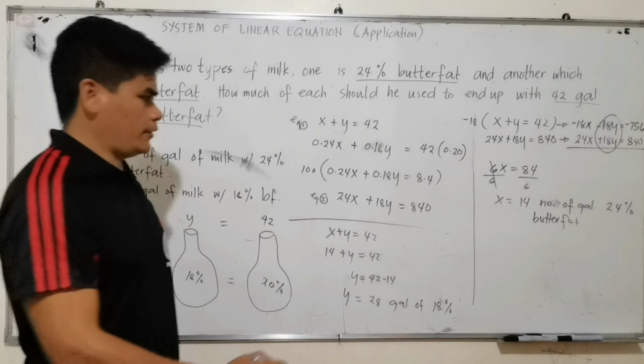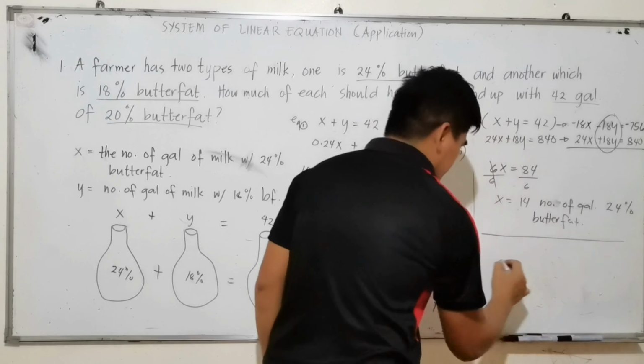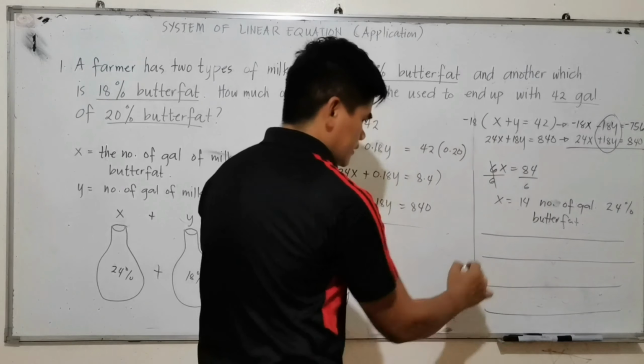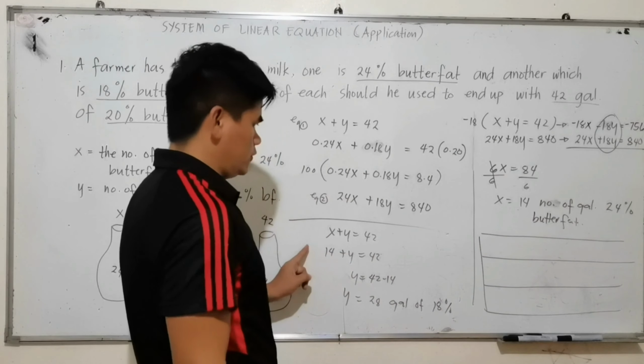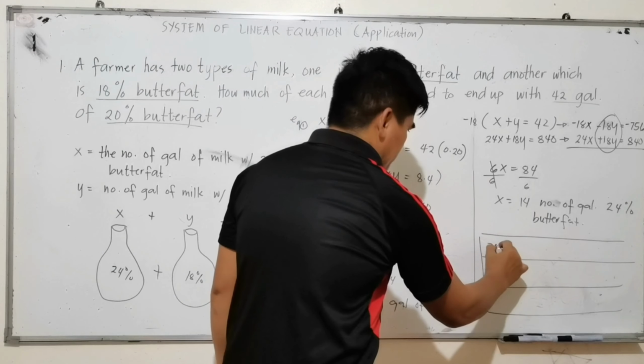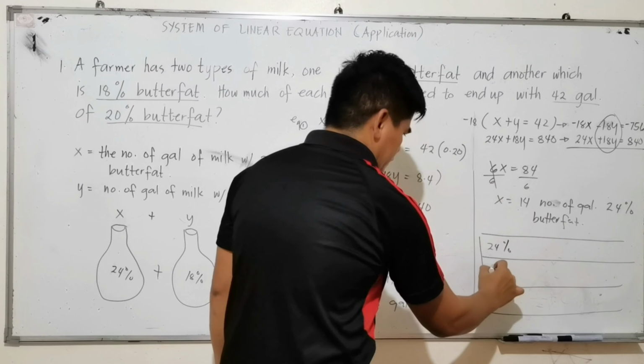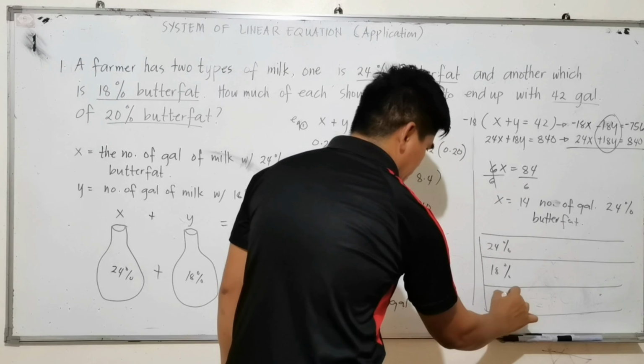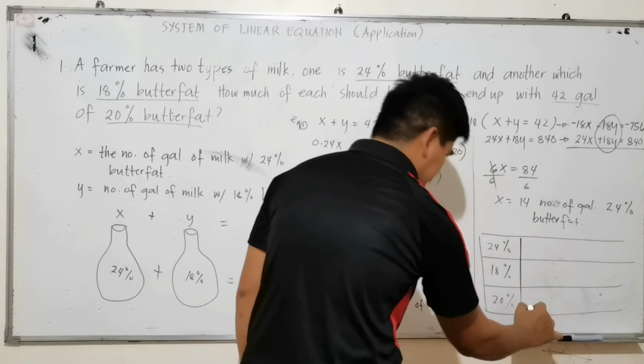Now, if we are going to make a table, for 24% butter fat, then for 18% butter fat, and for 20% butter fat.